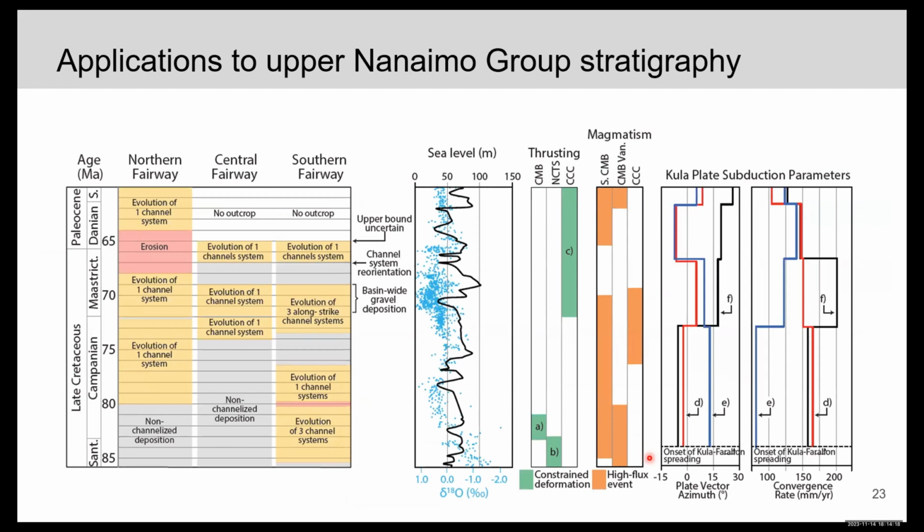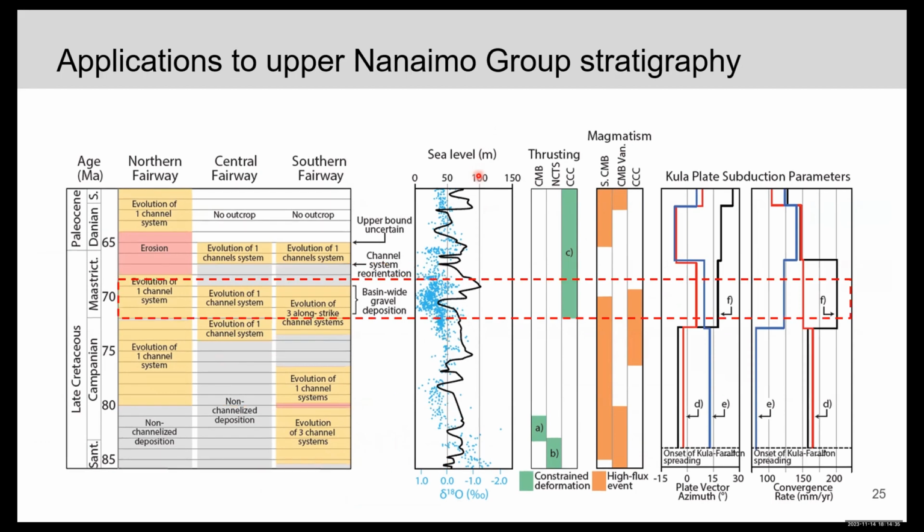As far as looking at the evolution of the cordillera from the basin, we can see that times of channel sedimentation versus non-channel sedimentation is really hard to reconcile across an entire basin from a single sea level curve. So sea level is probably not a driver.